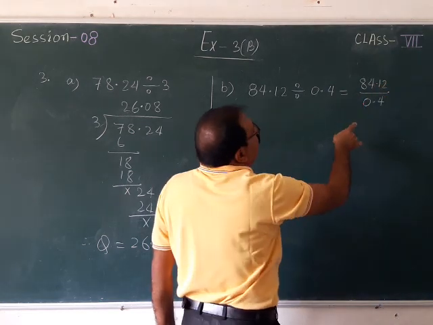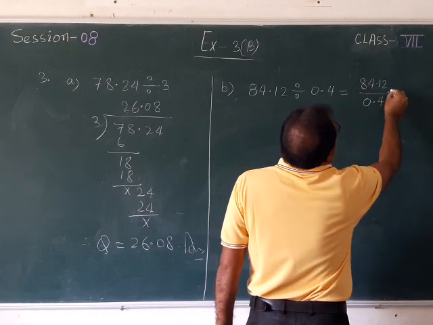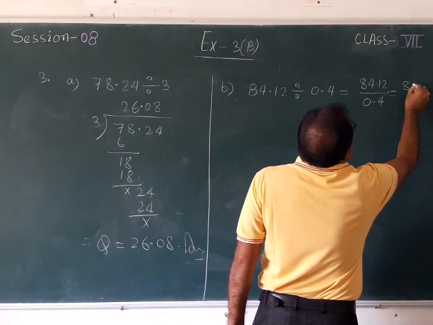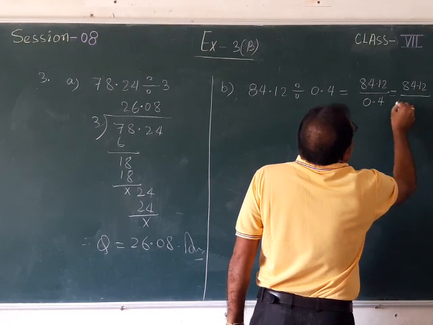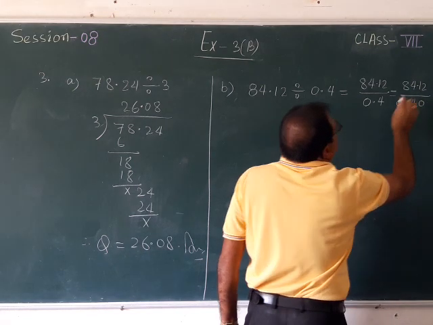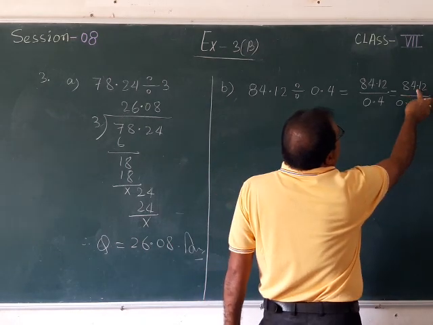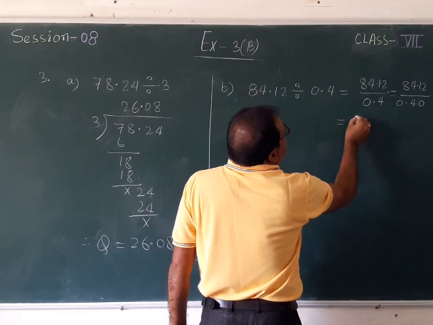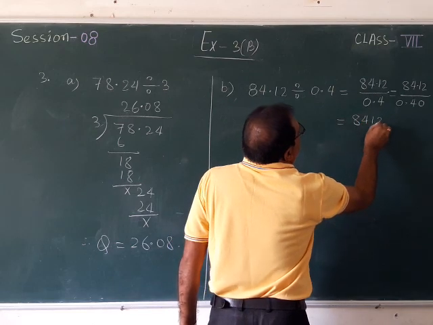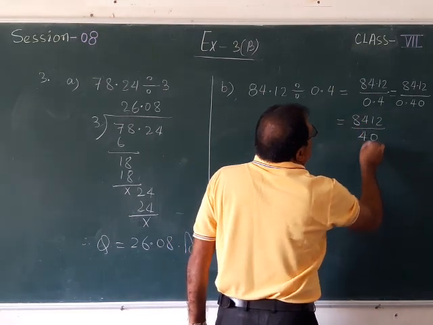After the decimal there are 2 digits here, and only 1 digit there. So I can make it a like decimal, that is 84.12 upon 0.40. Now you can see the number of digits after the decimal is 2 and 2. That means you have got like decimals, where 8412 upon 40 is there.